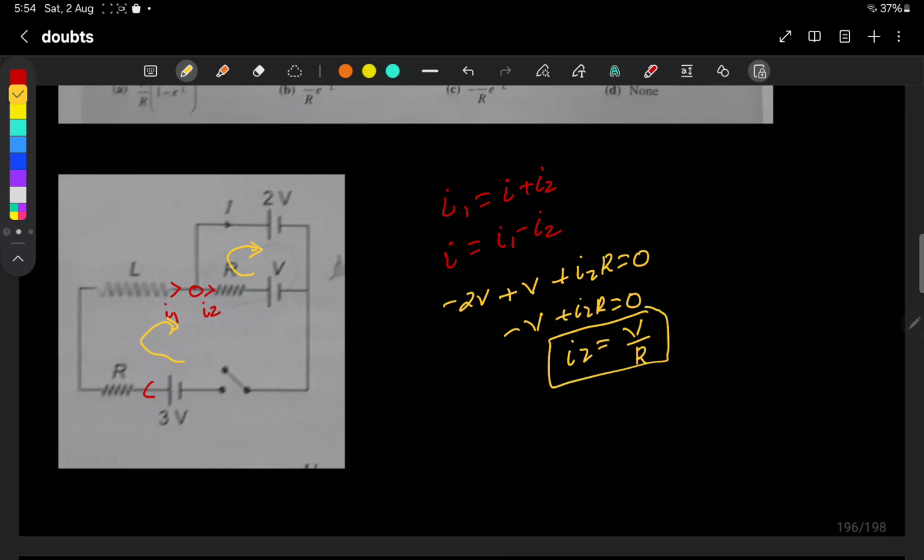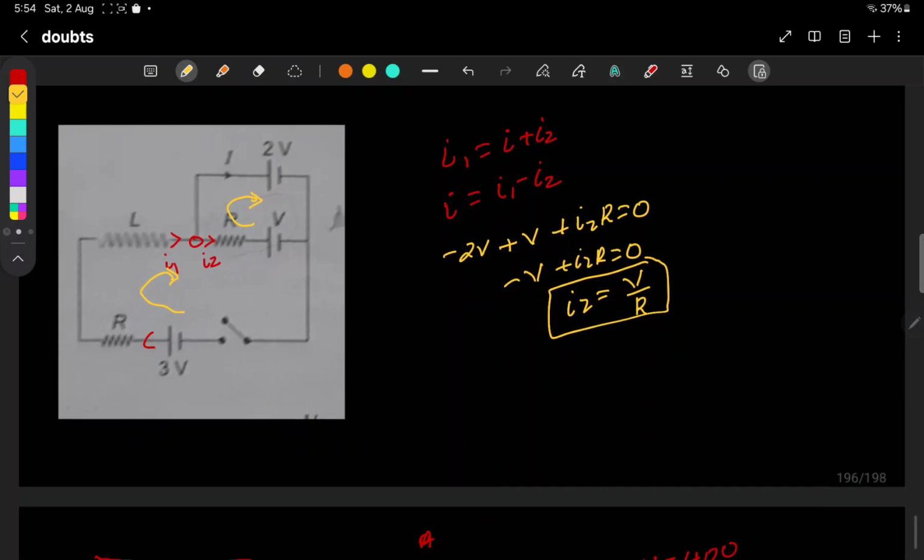Now let me find what is I1. Okay, so let me go through this loop. Let me apply Kirchhoff's voltage loop rule to this loop. If I start from here, what I'll get? So here I'll get 3 volt, and then again the current flowing here is I1. So in the same direction, so minus I1 into R, and then here the current is going to grow. Correct?